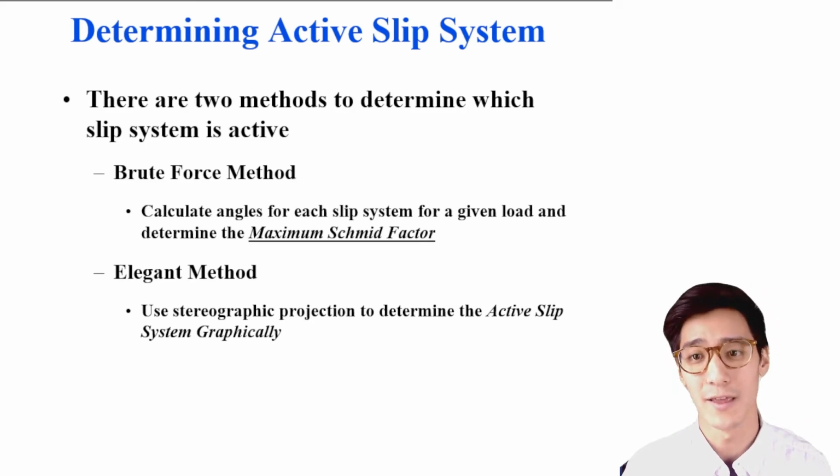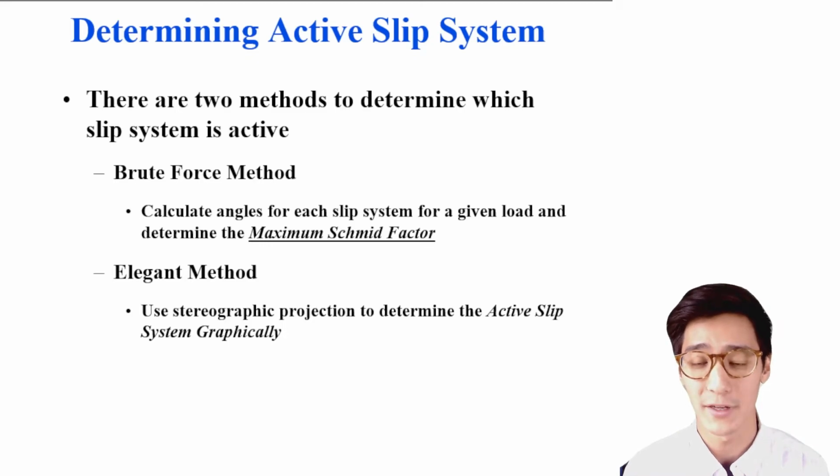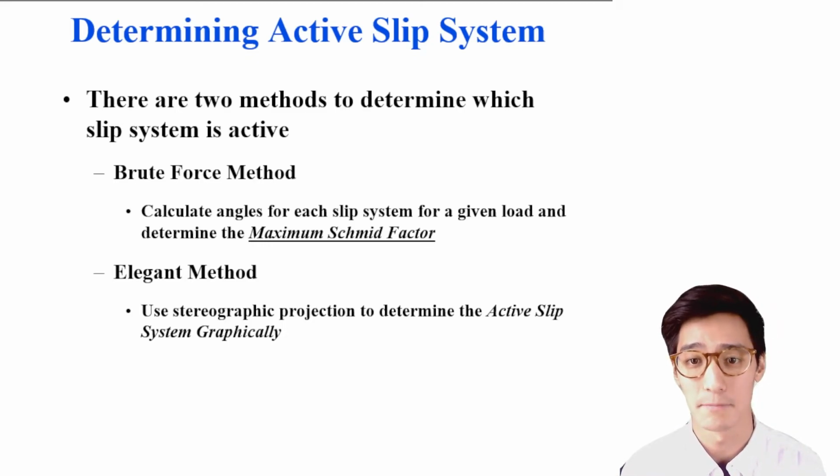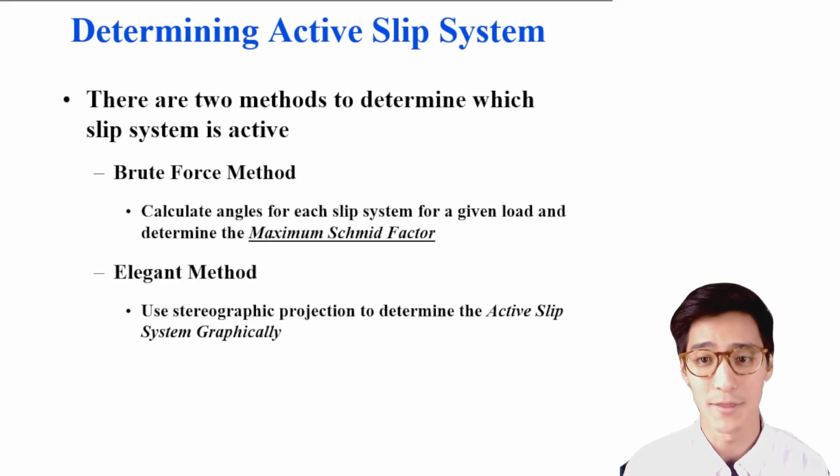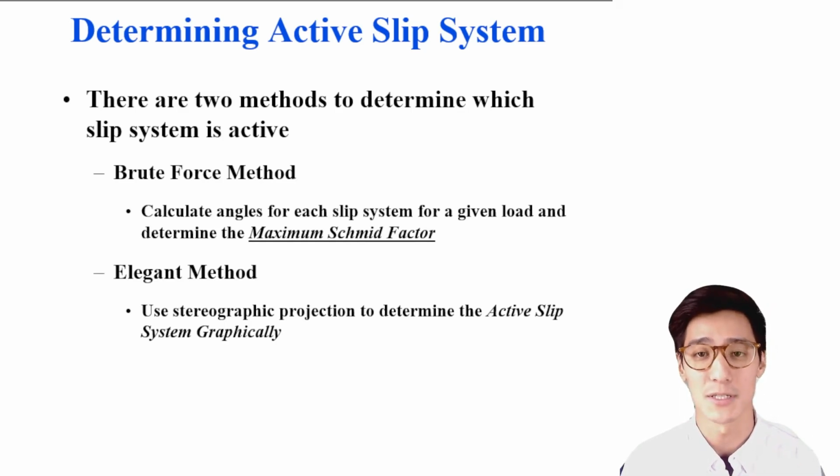We can calculate the angles and the Schmid factors for every single slip system in the FCC crystal. This is 12 different calculations that we must do to determine the maximum Schmid factor. Another elegant method is the use of stereographic projection, and we can use this to determine the active slip system graphically.